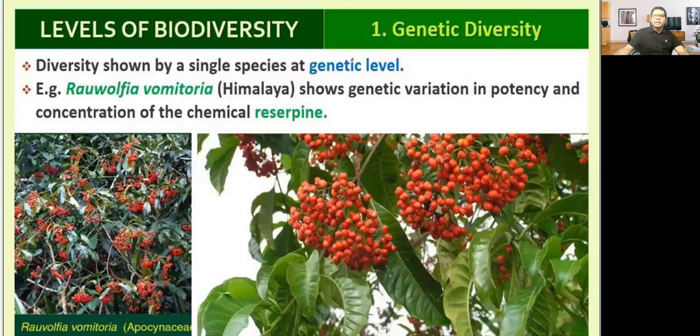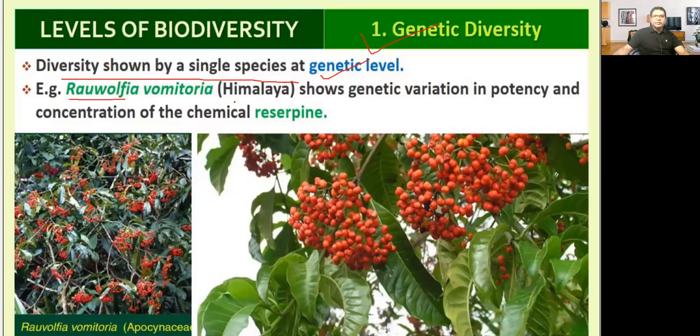Now, what do we mean by genetic diversity? Diversity shown by a single species at the genetic level is called genetic diversity. Example, Rauwolfia vomitoria.